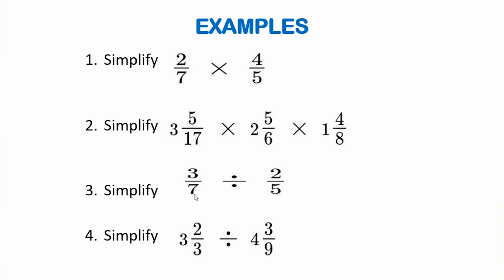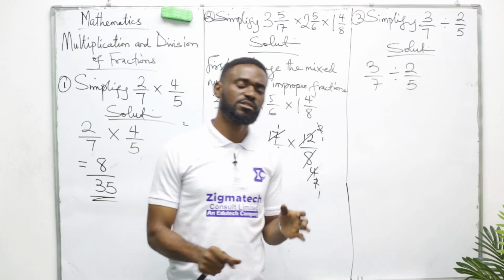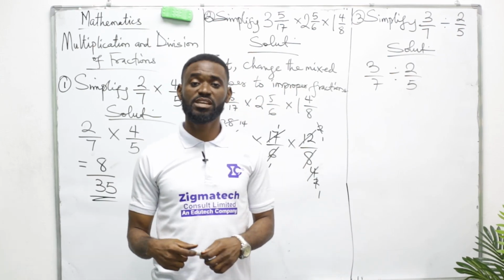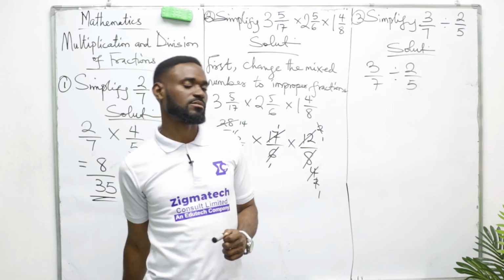If you can recall the principle I gave to you in division of fractions, I said that when fractions divide themselves, the denominator fraction should be given in its multiplicative inverse.